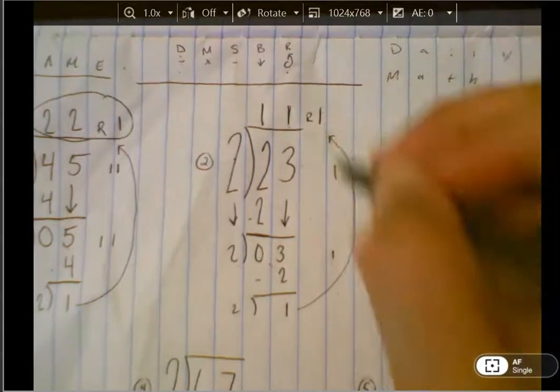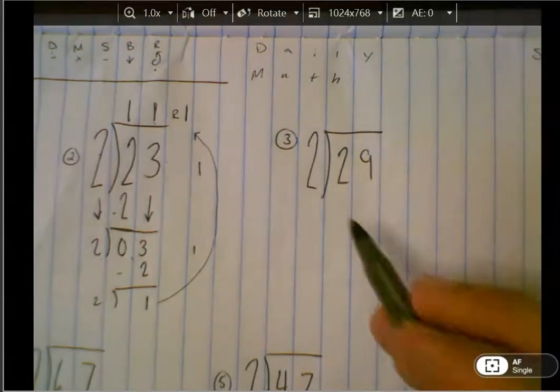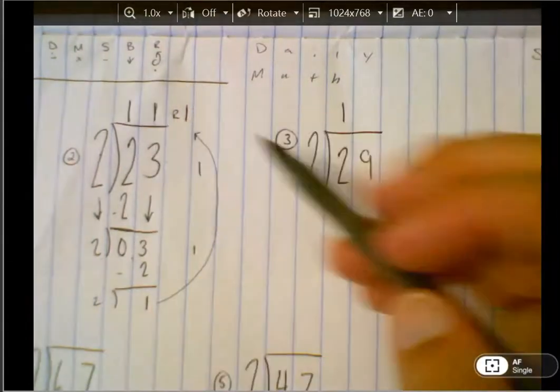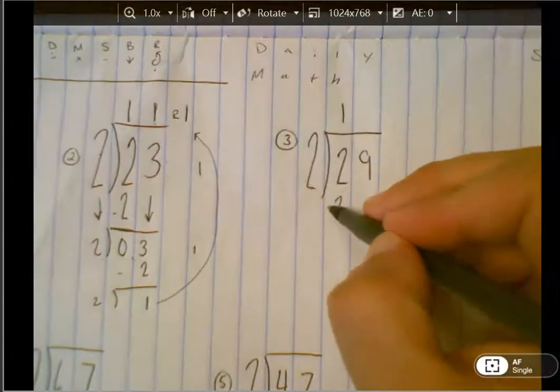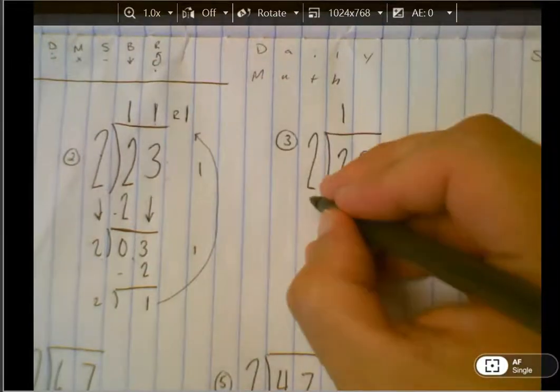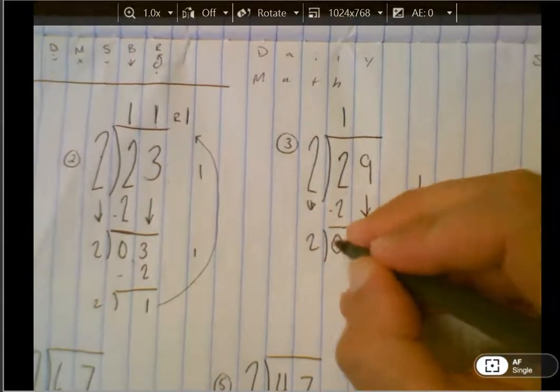It's what's left over. Number 3. Skip count by 2 till I get to 2. Just once. Multiply. 2 times 1 is 2. Subtract. 2 minus 2 is 0. Bring down. Bring down my 2 and bring down my 9. Set up a division bracket.